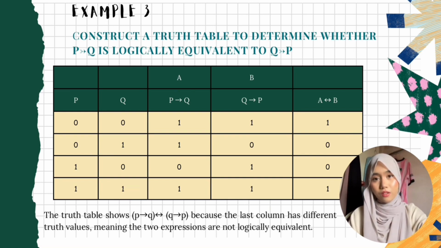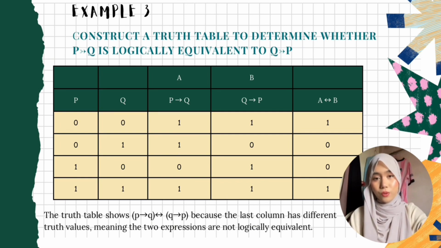In the fourth row, when both P and Q are true, both P equivalent Q and Q equivalent P are true, and the biconditional is true. If we look at the last column, we will see that the biconditional is not always true.